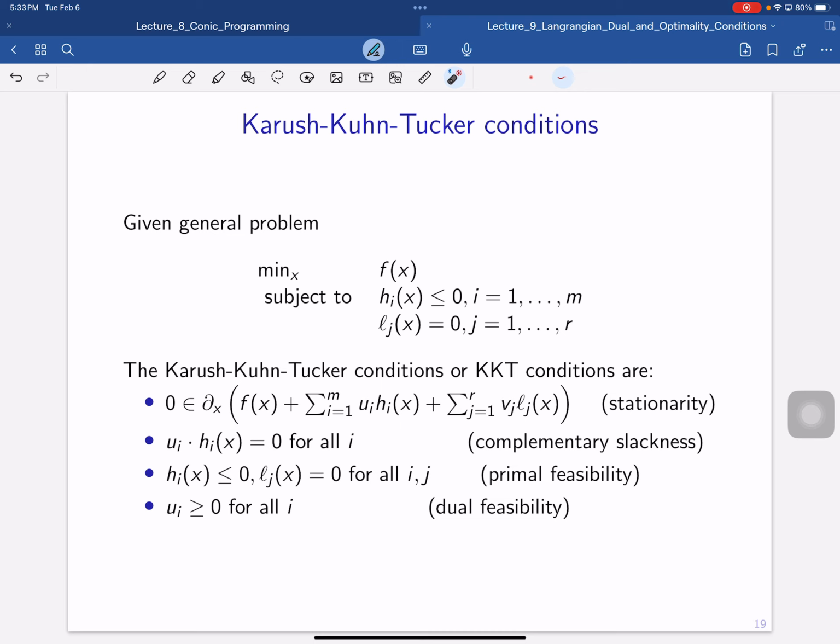Since when you derive the dual, you are minimizing the Lagrangian function over x, and we know that for x to be a local minimum, the gradient has to be equal to 0, right? That's why it's called a stationarity constraint. If the gradient is not 0, then you can show that this is not even a local minimum, right?